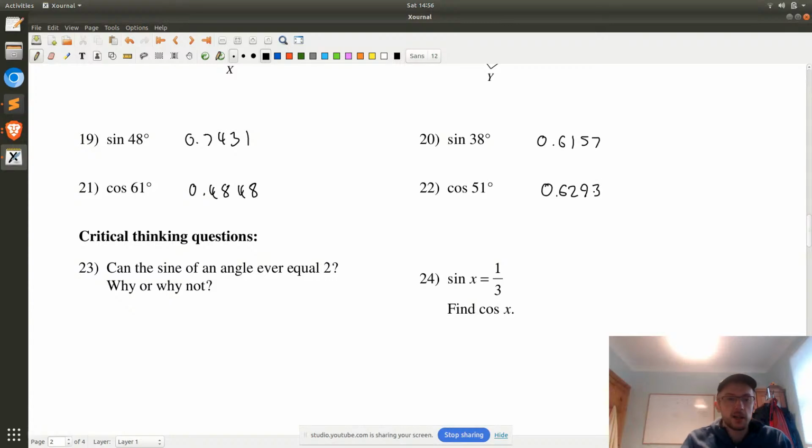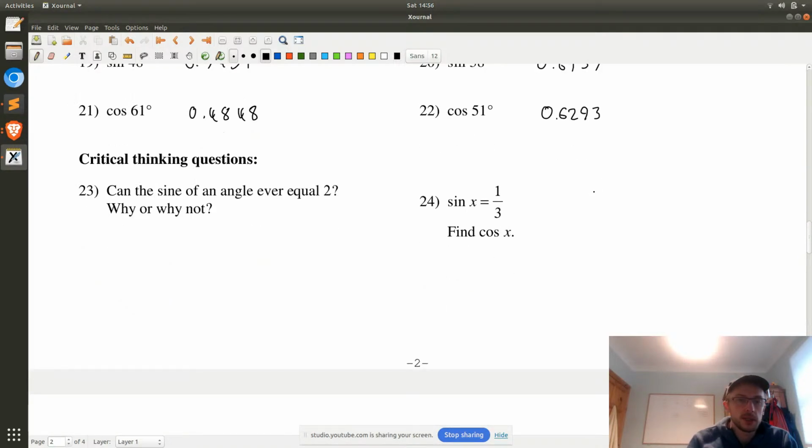Can the sine of an angle ever equal 2? Why or why not? No, as it is the length of the opposite side.